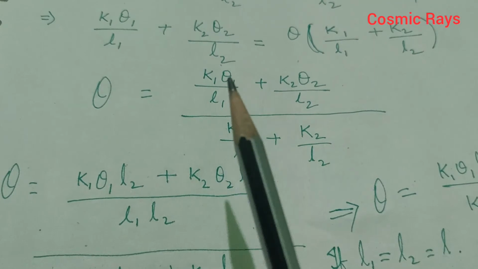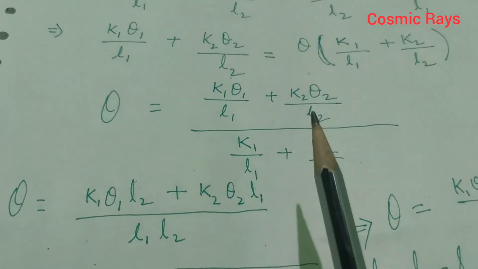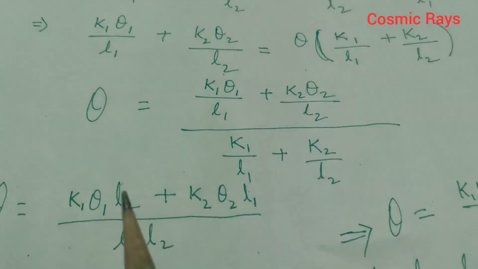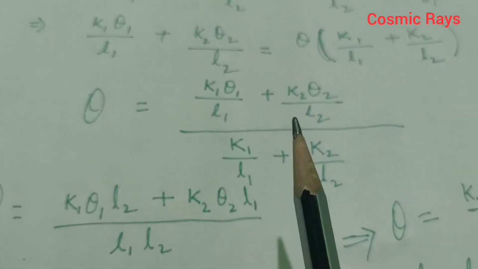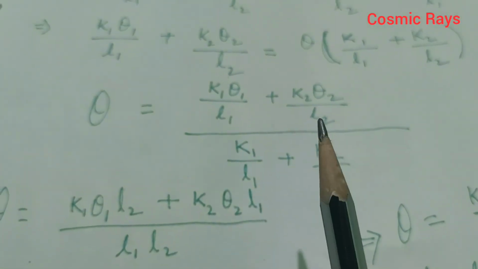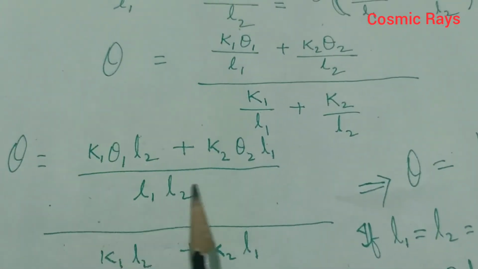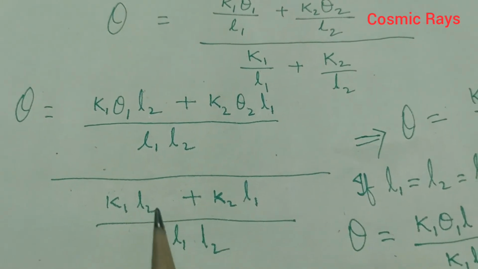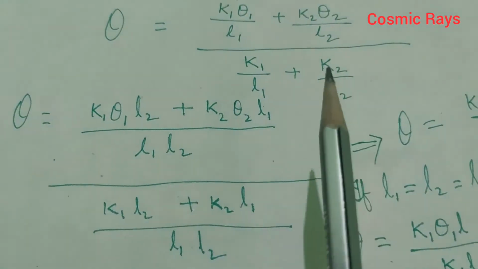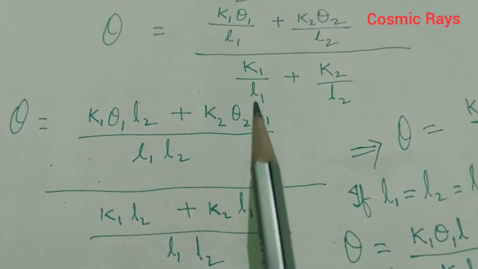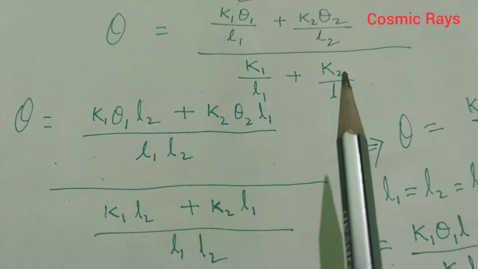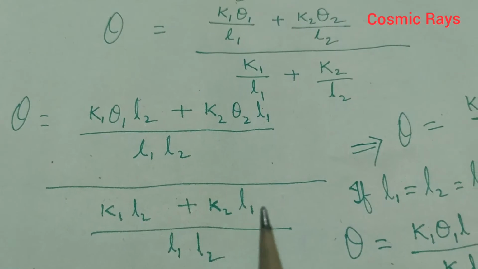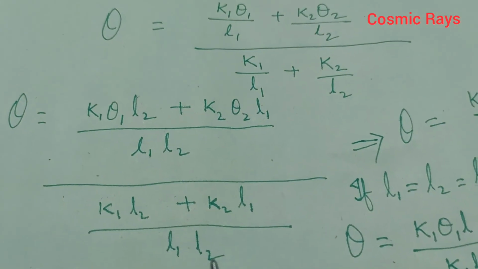So when we take LCM, L2 will be multiplied by this and L1 will be multiplied by this. So we have this equation, and in the denominator for this we have L1 multiplied by L2. This is the upper part, and for the lower part we have again L2 multiplied by K1 and L1 multiplied by K2. So we have K1 L2 plus K2 L1 upon L1 L2.